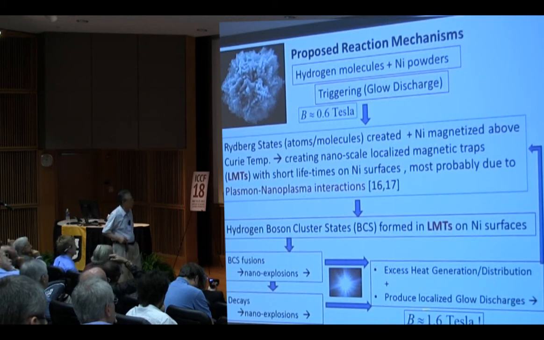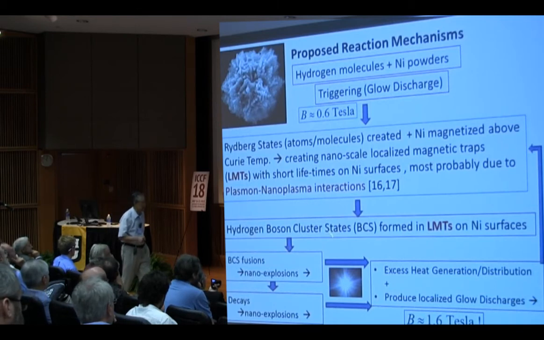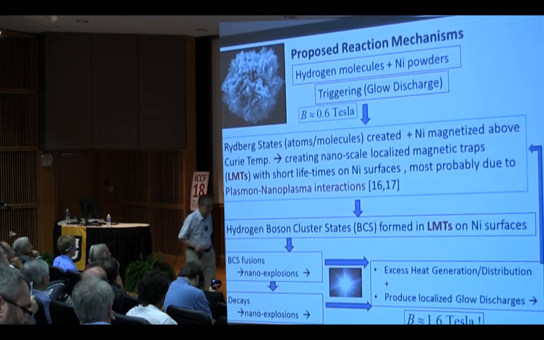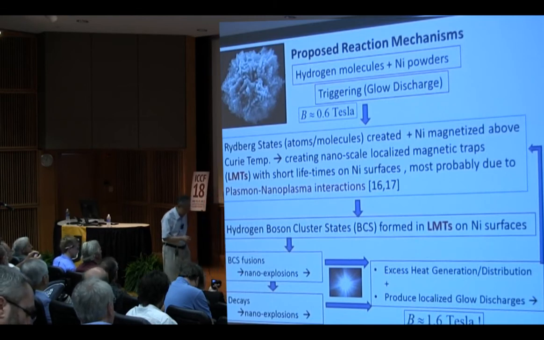So you can foresee that if you increase the reaction rate enough, you can self-sustain the reaction. Instead of going this route and ending up somewhere, you can go back and start this loop. So this loop will be a self-sustaining reaction. So the question is, is that possible? Let's look at what's happening.